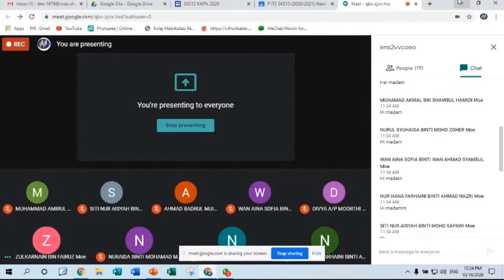Kita biasa cakap more electronegativity. Tak salah, dua-dua pun betul. Biasa kita akan cakap macam ni, F is more electronegative than hydrogen. Kita biasa cakap negatif. Okay, madam. Electronegative. Okay. Electronegative.